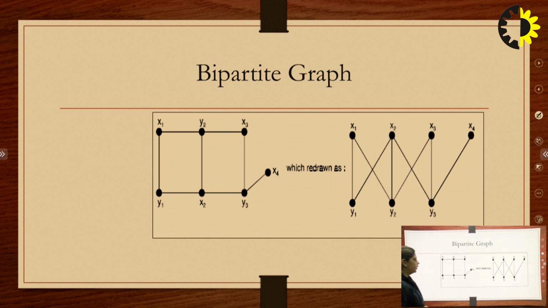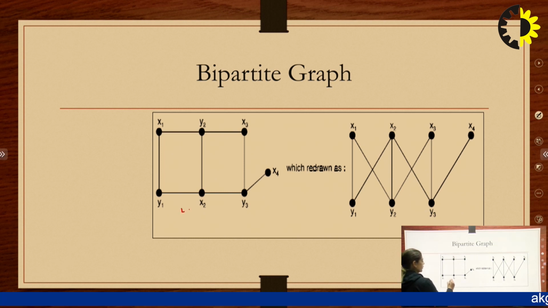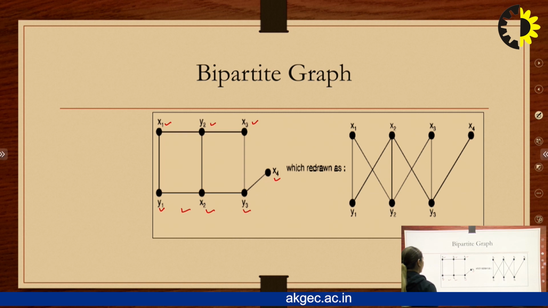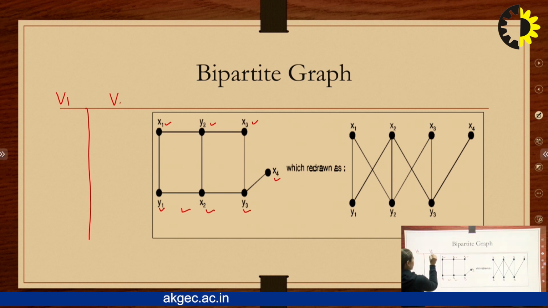Now let's check whether this graph is a bipartite graph or not, right? We have vertices x1, y2, x3, y1, x2, y3 and x4, right? First of all, we have to make the partition of the vertices V1 and V2.